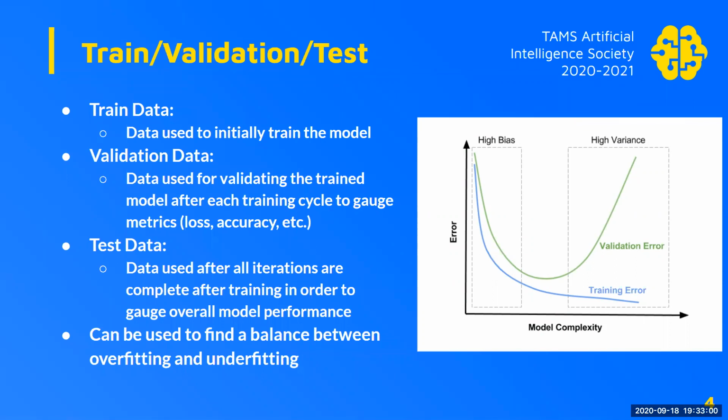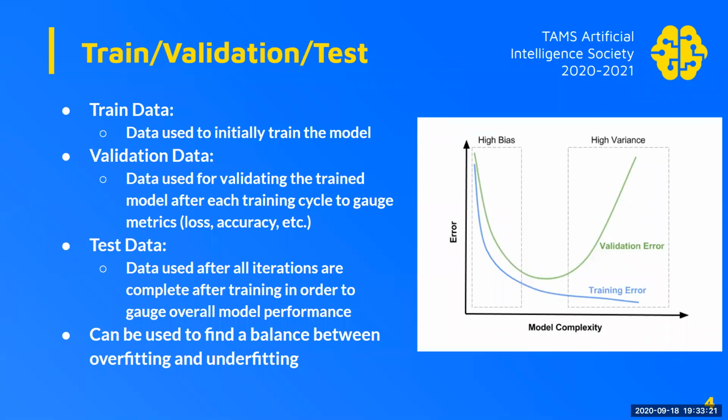When it begins overfitting, the validation error hops back up because the predictions are no longer accurate. They're too closely fit to your training data, so they're not good enough to work on other data sets.